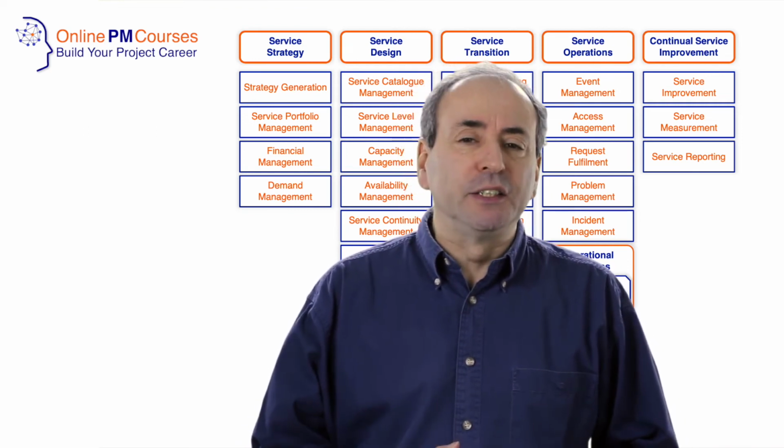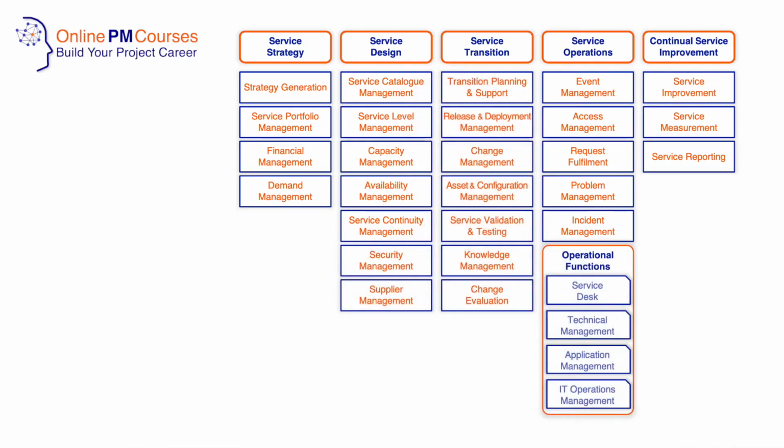The structure of ITIL's 5 stages and 26 processes goes way beyond the scope of this short video. So rather than try to describe it, I'll just put a summary up on screen, and in the notes below you'll be able to go to a page where you can download this diagram.